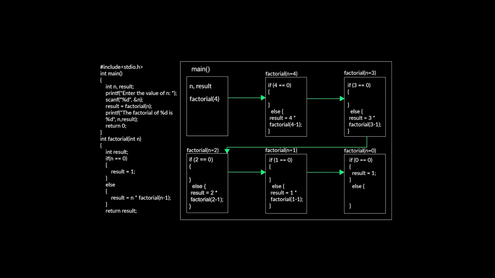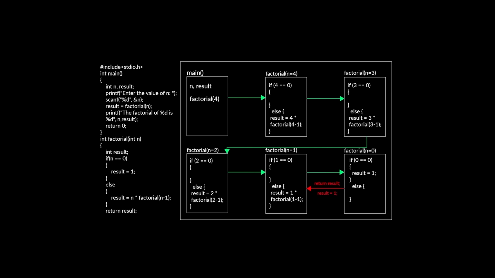That means in the result variable, the value 1 will be stored. After the if else statement, what is the next statement? Here we are returning the result. So return 1, which is the value of result. The value of result here is 1. So the value 1 will return back here, as you can see on the screen, because the factorial 0 function started executing from this position.